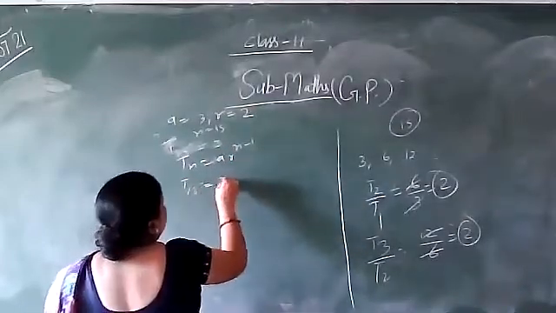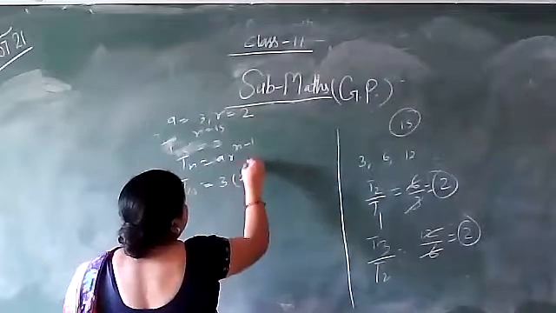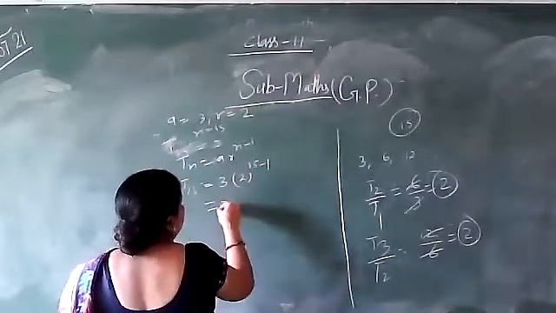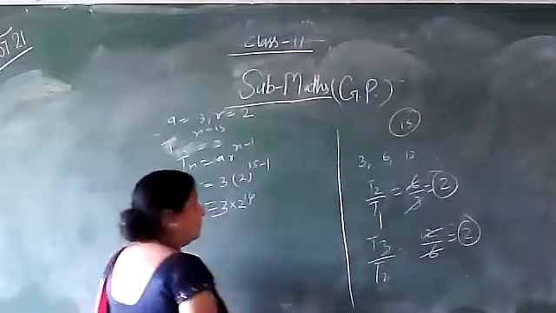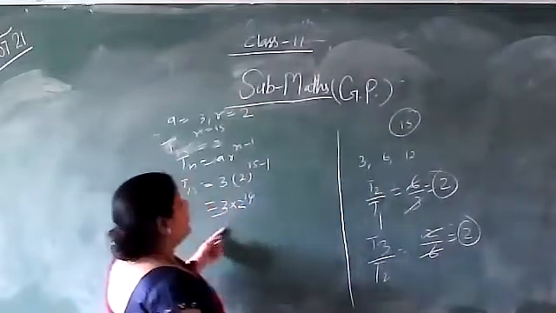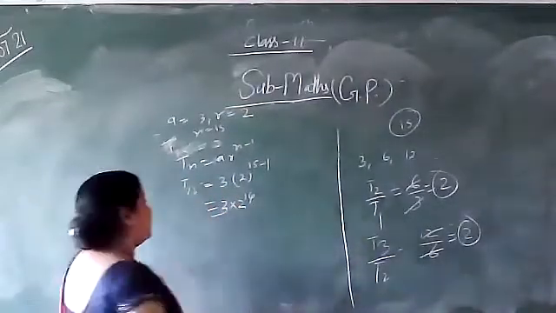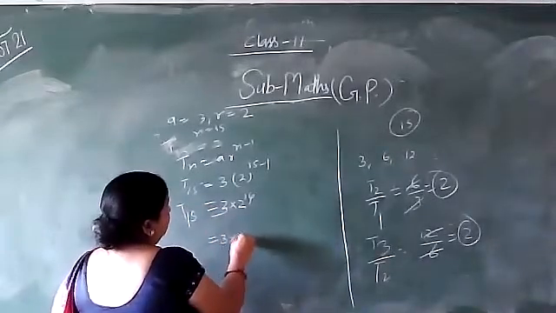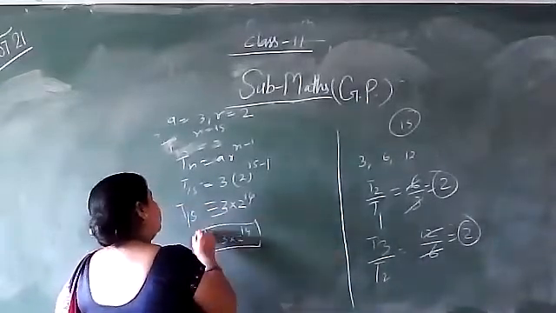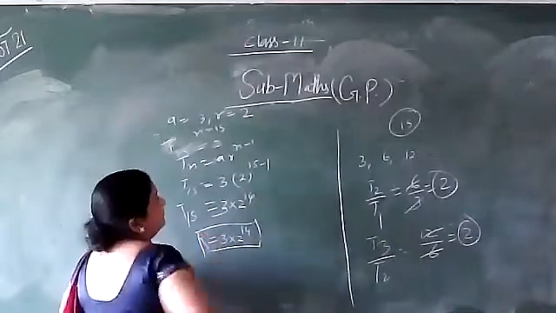T15 equal to 3 into 2 to the power 15 minus 1. Here we write 3 into 2 to the power 14. If you solve 2 to the power 14, you are free, but this is your final answer. T15 equal to 3 into 2 to the power 14. Okay.